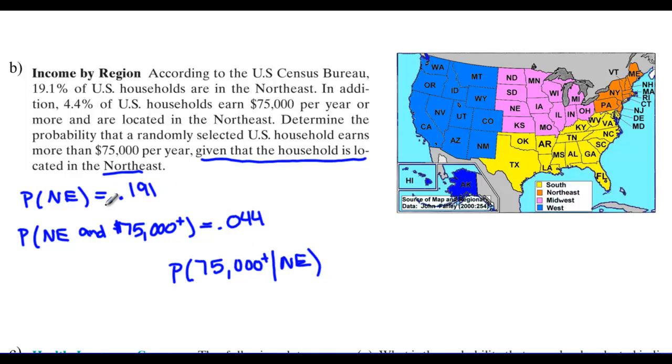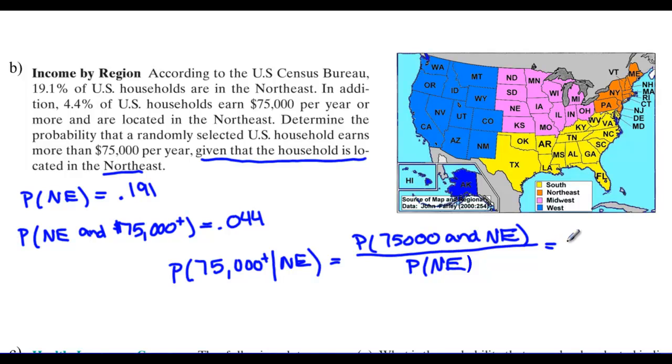Well, we've already got our information set up pretty nicely for us, because we're going to have the probability of both of these, so the 75,000 and being in the Northeast, and then divide that by the probability of being in the Northeast.